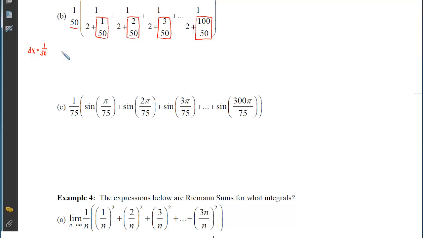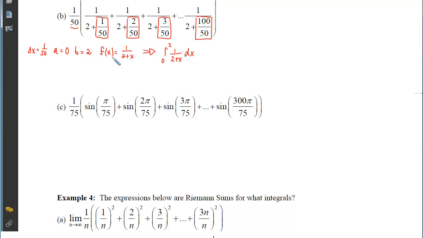I can see that my a is this 1/50th minus delta x, which is 0. I can see that b is the last box, which is 2, and I can see that the function will be 1/2 plus x. Put that all together and create the definite integral 0 to 2 of 1/2 plus x with respect to x.